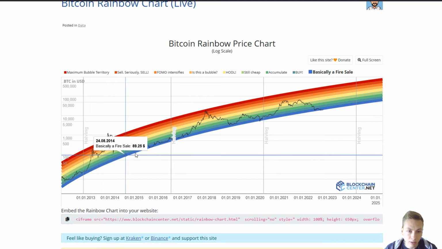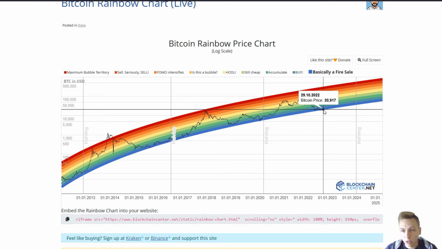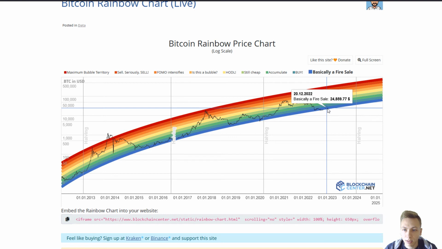So this is such a strong support level that I think Bitcoin going below it is maybe a bit unlikely. Not impossible, but maybe a bit unlikely. Maybe we can see a little wick down, but it should probably come back to this level pretty fast.